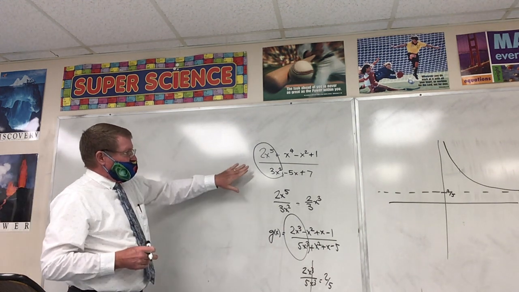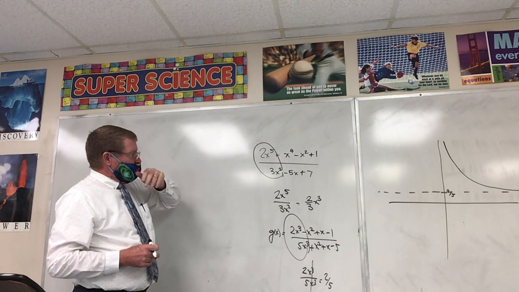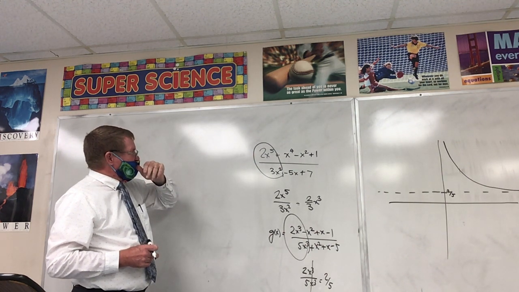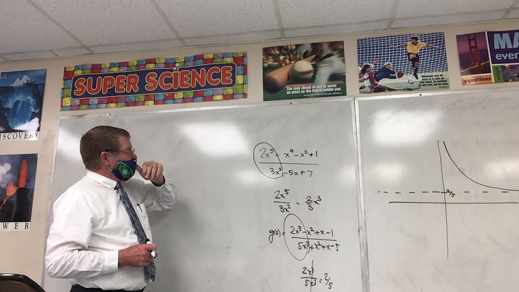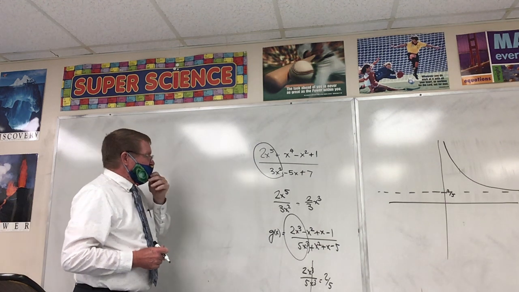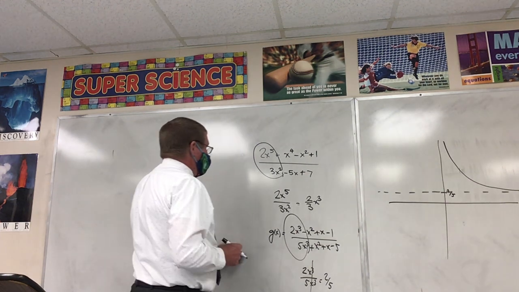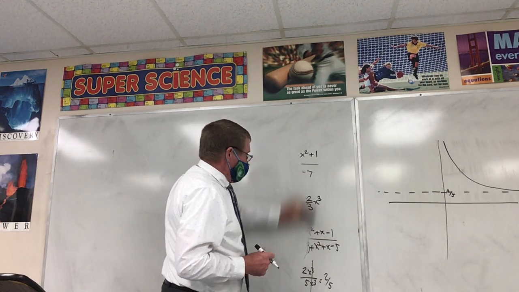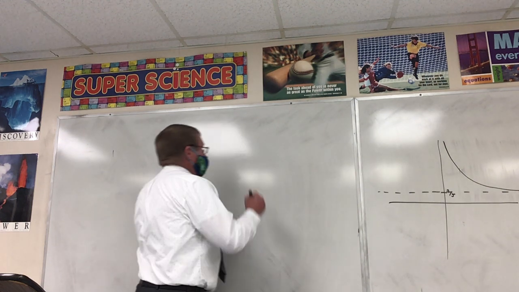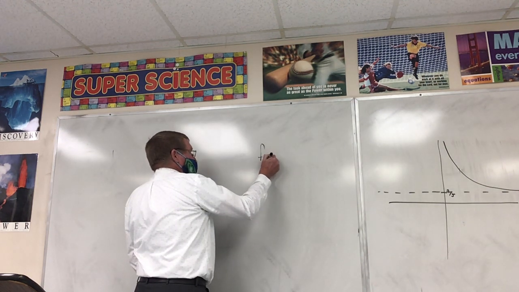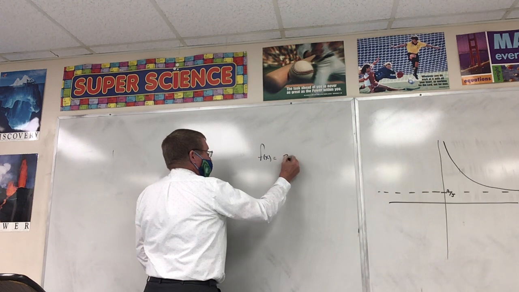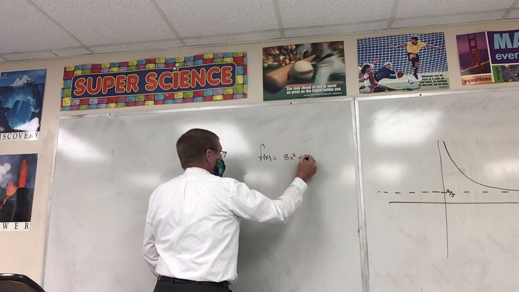Let's not do that one. Let's do a simple one. f of x equals 3x squared plus 5.